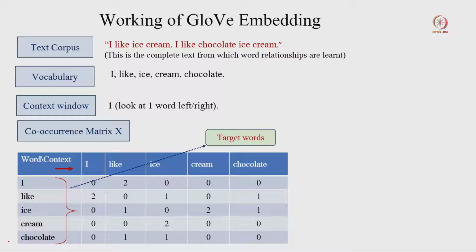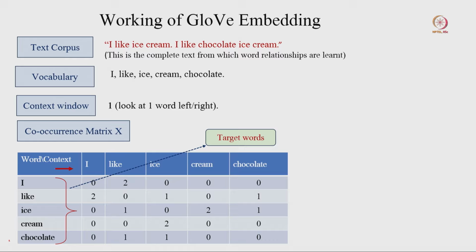Target word means I will take that word and then see on the left side and right side how many times I get this context word. So, we will first start with the word I. If you take I in both the sentences and look at the left side and right side, how many times do we get another I?